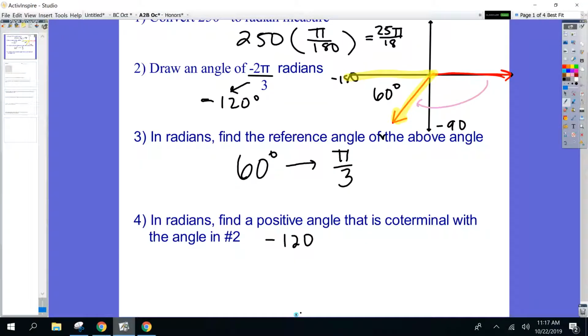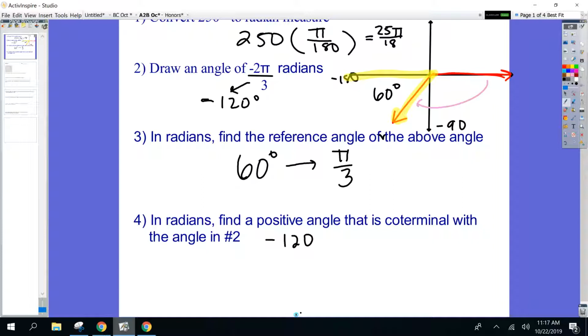Negative 120. Find an angle that's coterminal with it. Well, what did you do, Mary? I have negative 120, right?